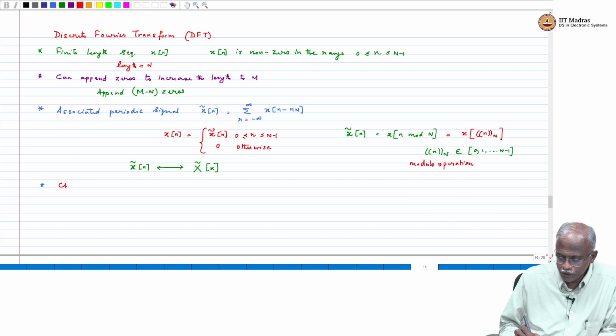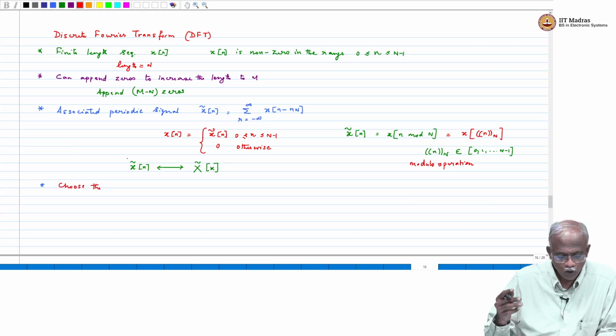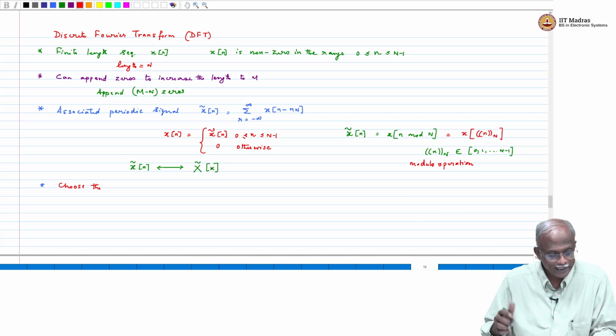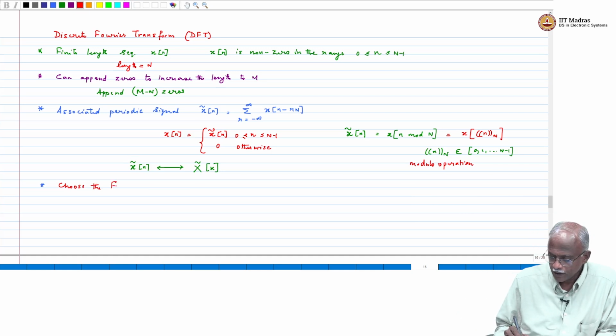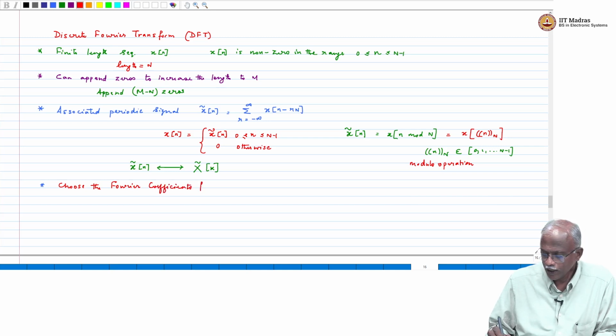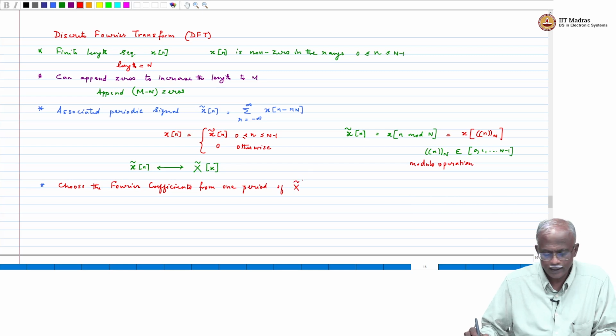Choose the Fourier coefficients which are obtained from one period of x tilde of k.